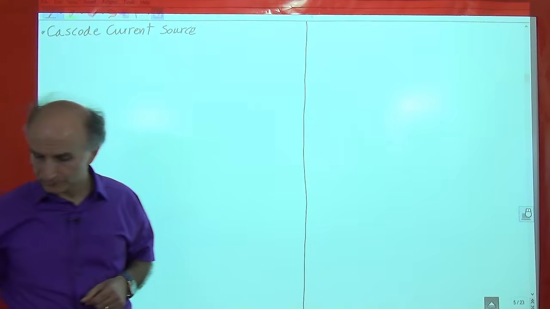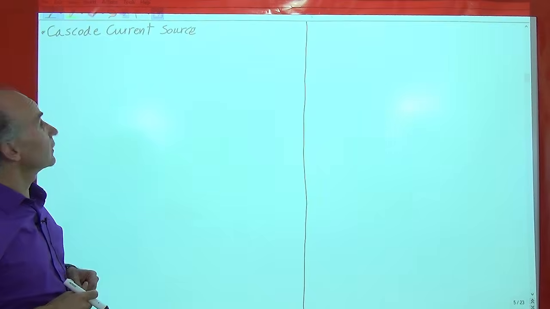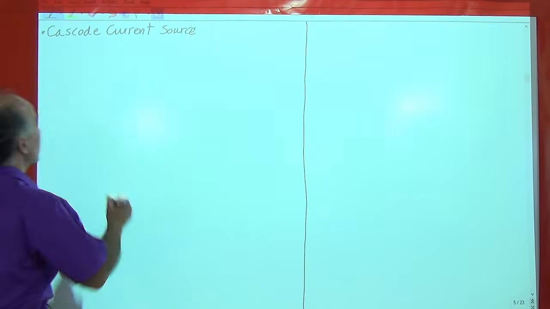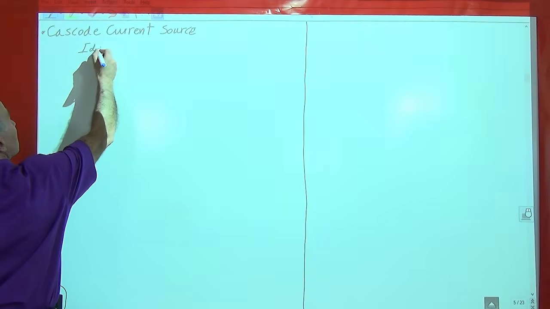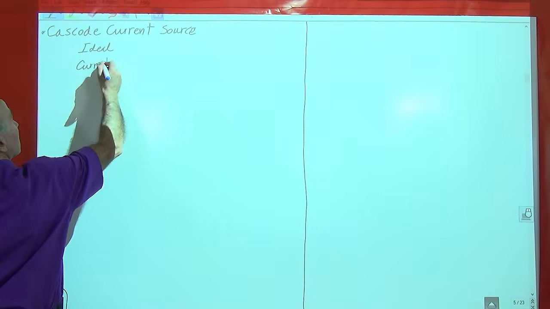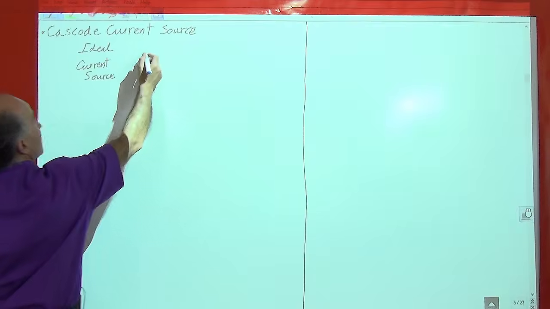Okay, well, we have to take a step back and remember what a current source is anyway. So let's just talk about that for a moment. So an ideal current source looks like this.